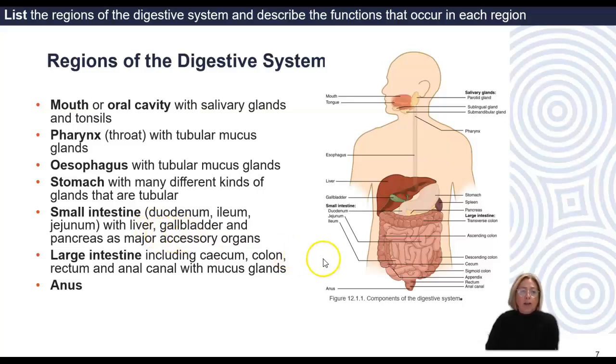And then we, of course, have the large intestine, and that also includes regions, so the cecum and the colon with its different regions, the rectum and the anal canal, and they're all lined with mucus glands. And then, of course, we have the termination of the digestive system where, through the excretion of feces, those waste products of digestion are permanently eliminated from the body.